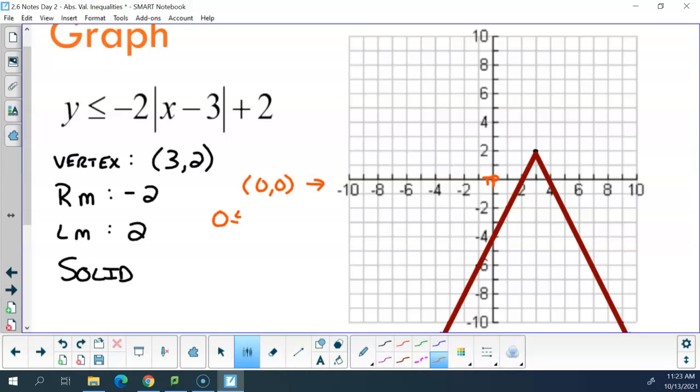Zero less than or equal to negative 2 times the absolute value of 0 minus 3, then plus 2. 0 minus 3, absolute value, times negative 2, plus 2. Negative 4. True or false? False. So am I shading inside or outside? Inside.